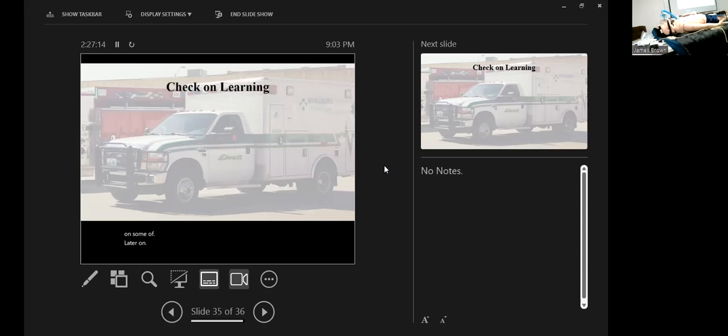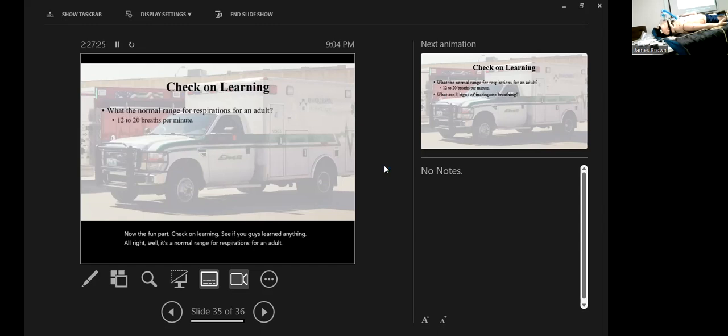Now the fun part. Check on learning. See if you guys learned anything. What is the normal range for respirations for an adult? Low to 20. Three signs of inadequate breathing. Shallow, cyanosis, noises, unequal, tripod posture.